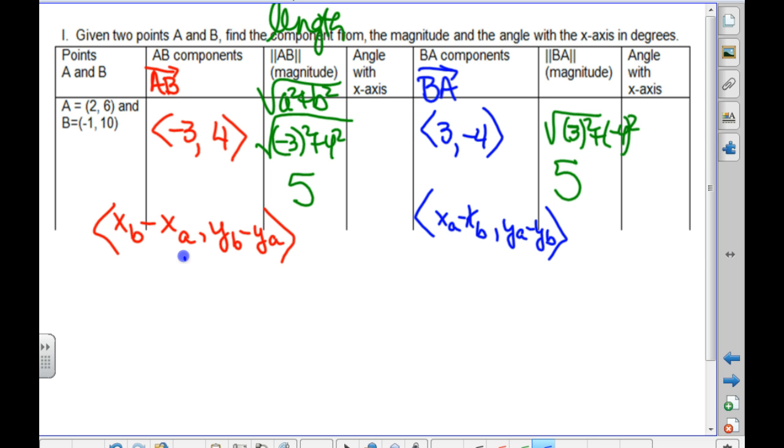All right. Something does change that's going to have to do with the angle, though. This vector, if I had drawn it from 2, 6 to -1, 10 over here, would have looked like this. When I slid it to the origin, we said it's really going 3 to the left and up 4.